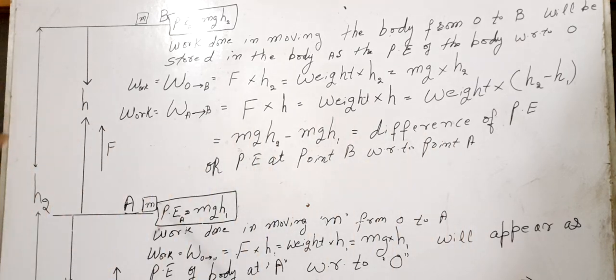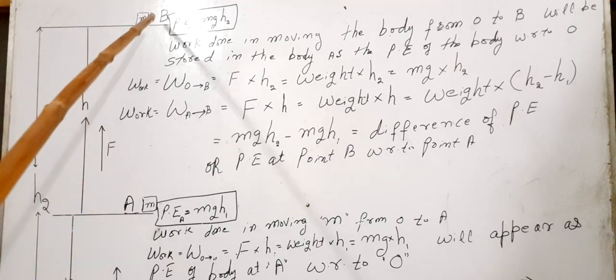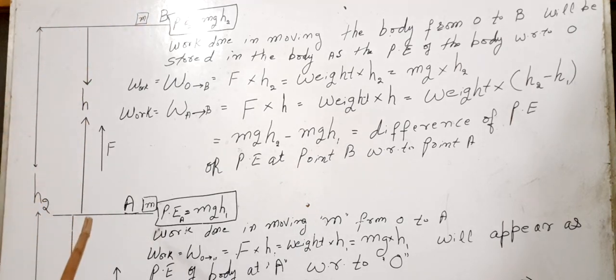Therefore, we can say that in all these cases, when we calculate the potential energy at any point, for example A or B, it will be the potential energy of the body with respect to the ground, and we consider that the potential energy of a body at the ground is equal to 0.